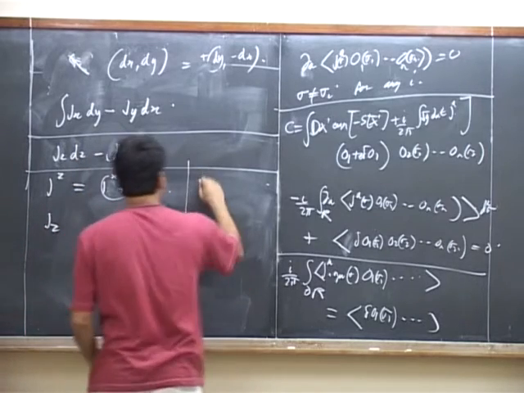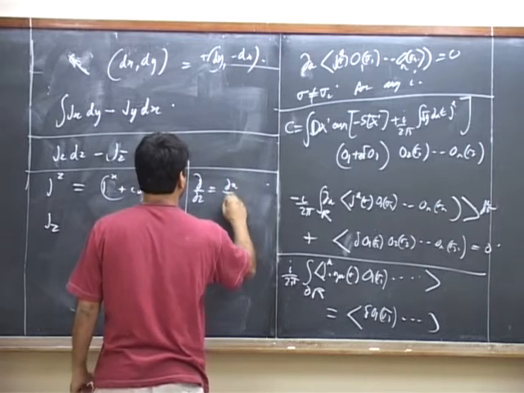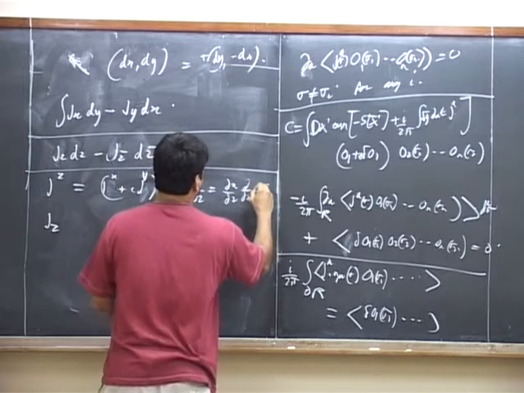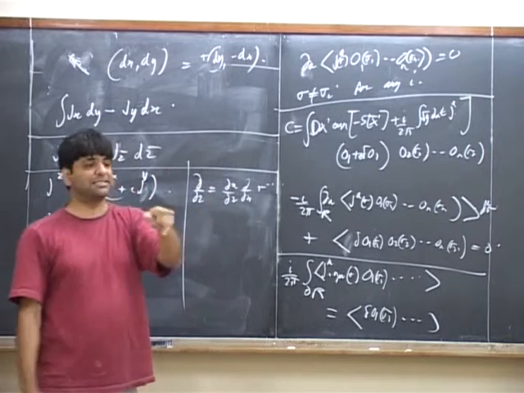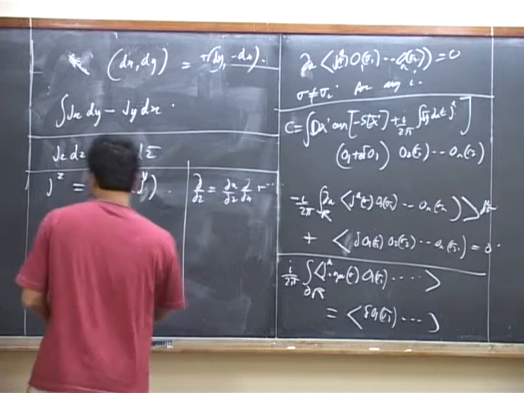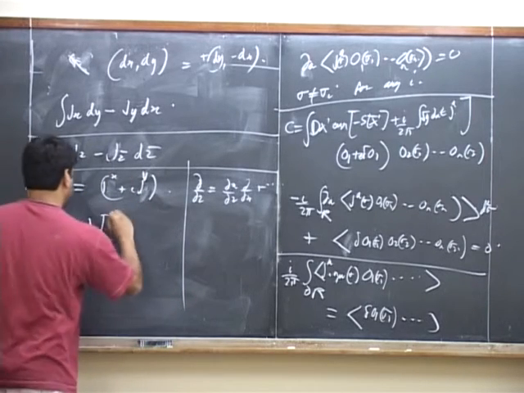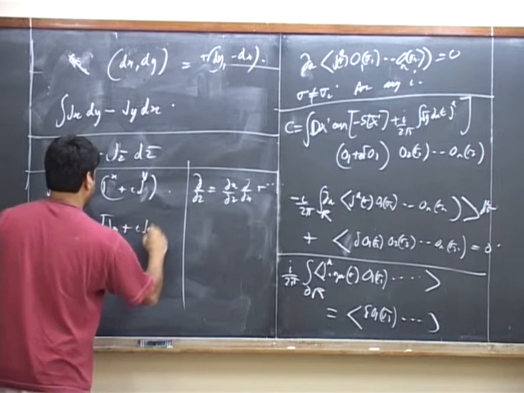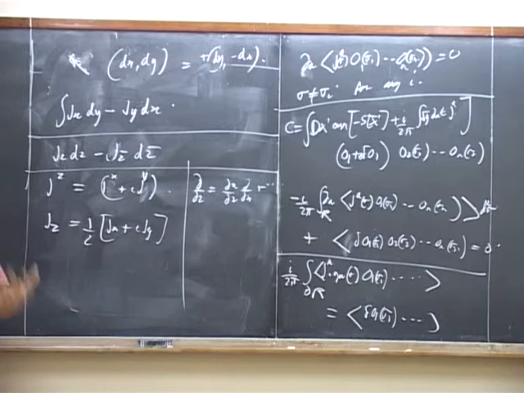So let's remember that d by dz is equal to dx by dz d by dx plus a similar term with y. And x is z plus z bar over 2. So jz is half of jx plus i jy, which is the same as half of j upper x plus i j upper y.